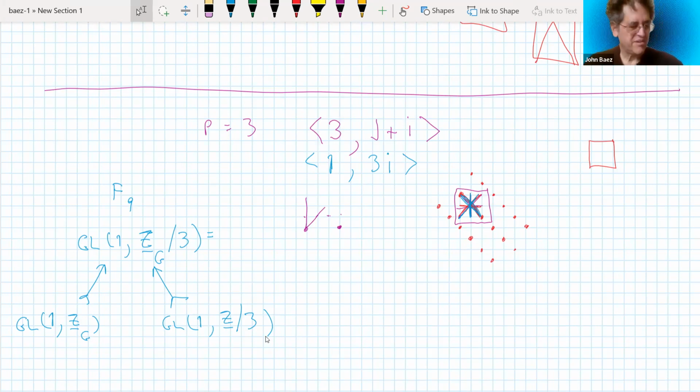So what I'm saying is we want to mod out not only by the subgroup that you mentioned, but also by the subgroup that I mentioned. And so we actually want to mod out by the combination of those two subgroups, which is this sort of cross-shaped subgroup.